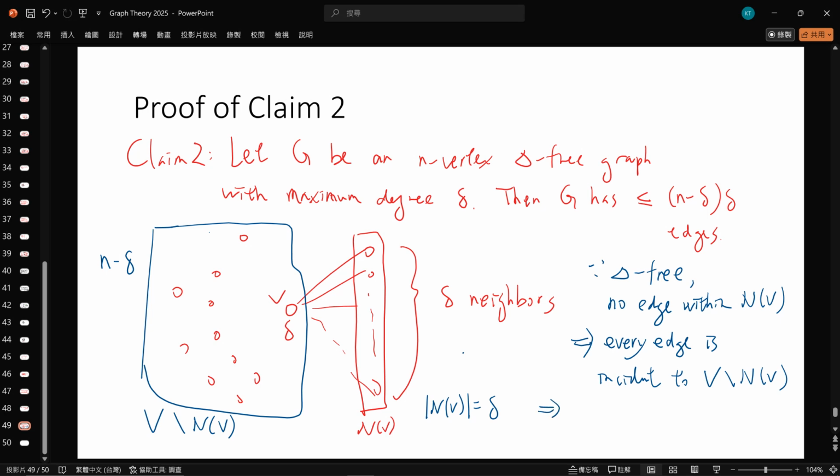Okay. So now what we have is that every edge is incident to this blue set, which implies the number of edges in the graph is at most the total degree of the blue set.